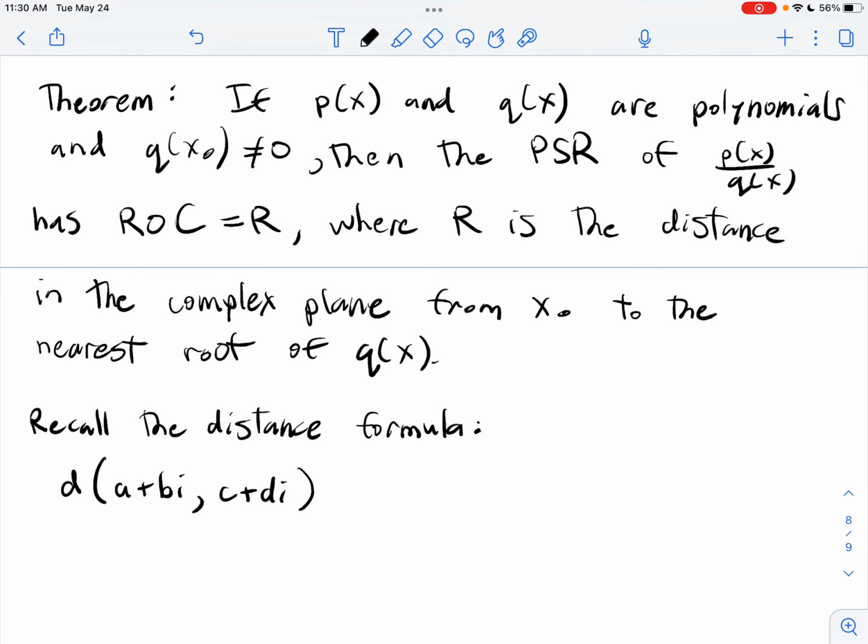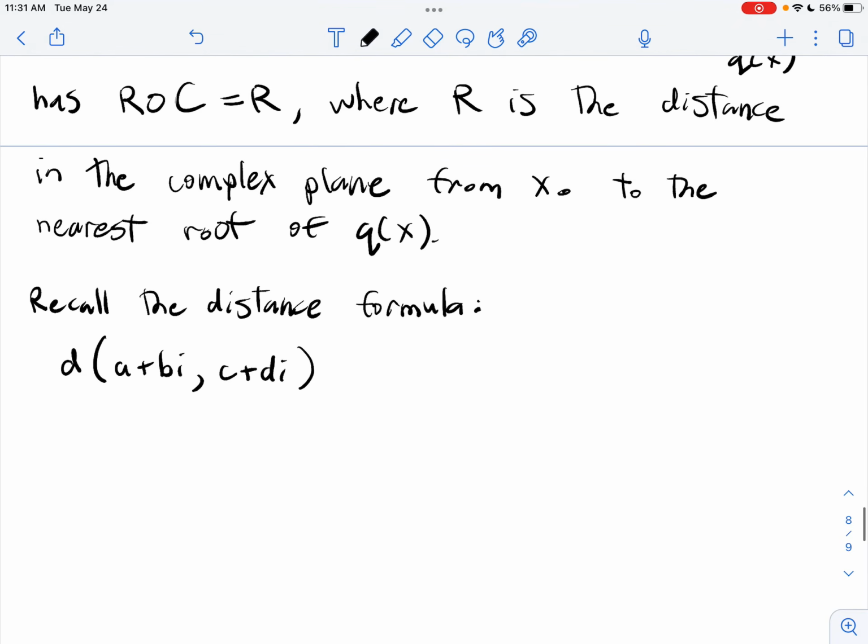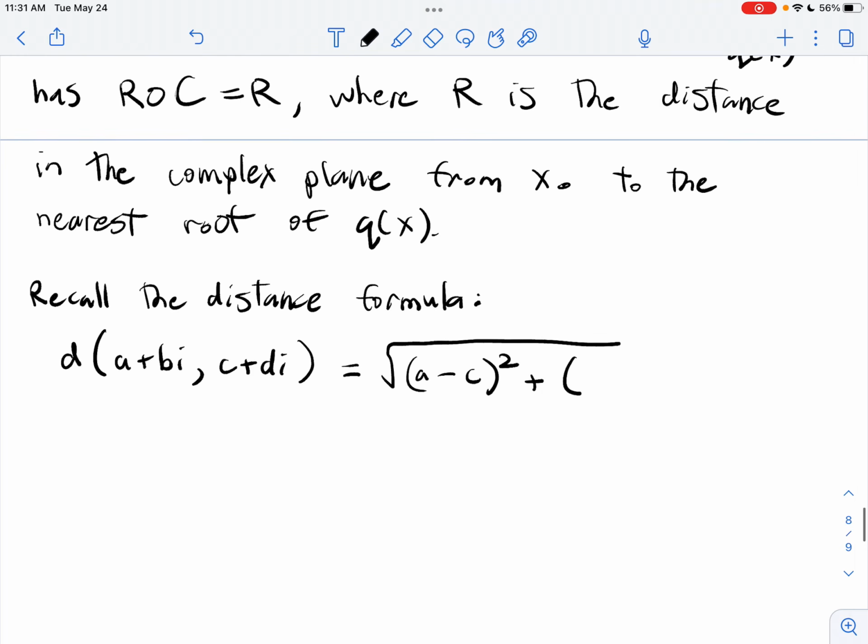Now, I know you've probably never thought about how you take the distance between two complex numbers, but actually it's the same thing as finding the distance of 2 points in R2, okay? Because it's the complex plane. And so this is just going to be the square root of a minus c squared plus b minus d squared.